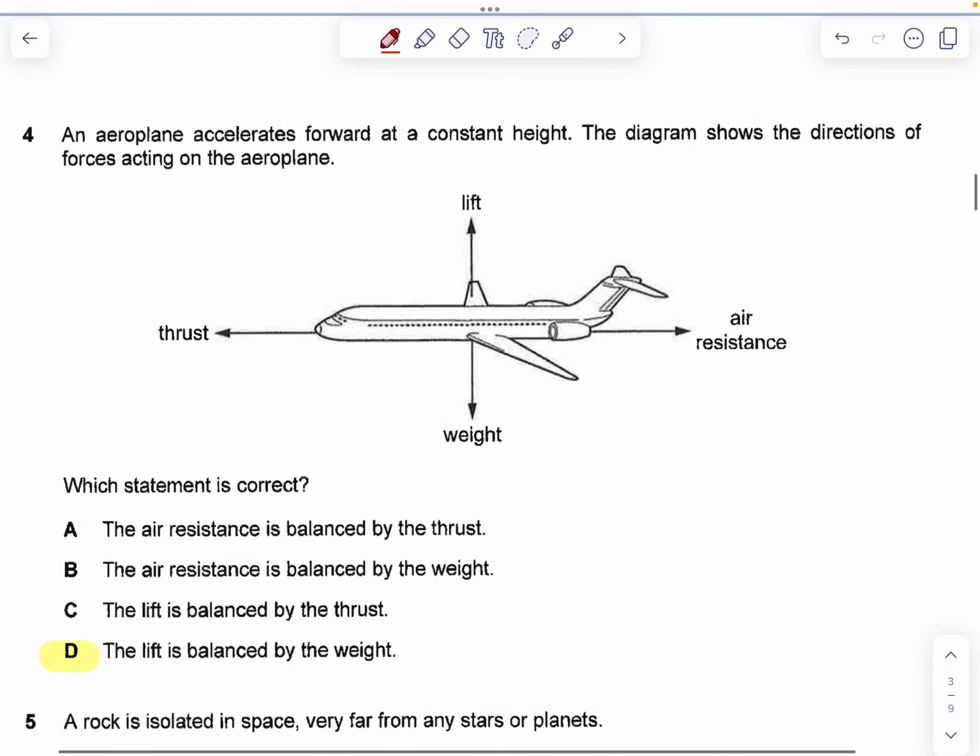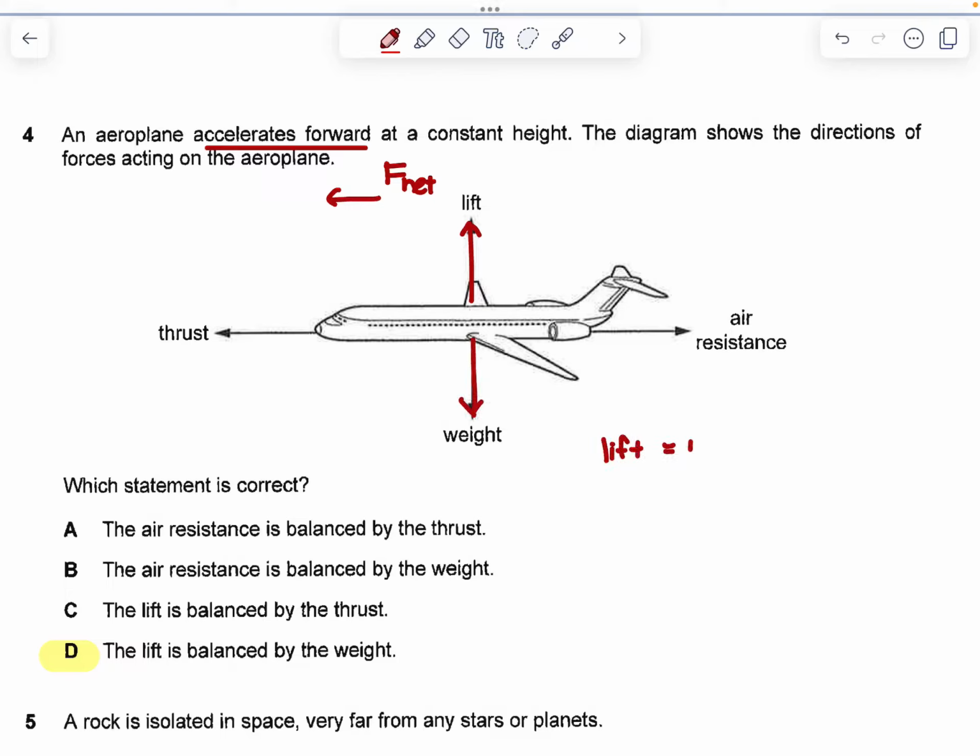Next. Question 4. An aeroplane accelerates forwards at a constant height. The diagram shows the direction of forces acting on the aeroplane. Which statement is correct? Since it's accelerating forward, we know there's a net force going forward. The lift and the weight should be equal to each other.